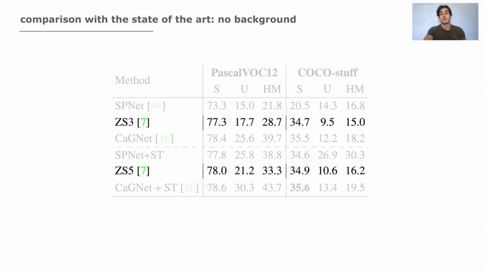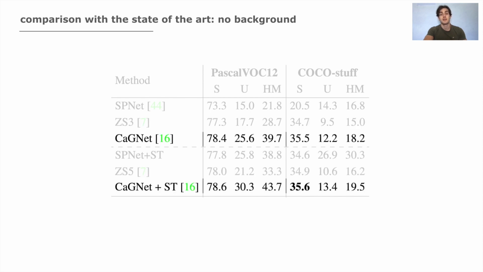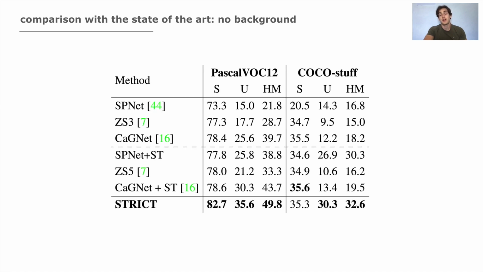This result confirms that considering the co-occurrence of seen and unseen classes through self-training is always very beneficial. The improvements are larger in non-generative models like SPNet than in generative ones like CaGNet or ZS5. A second clear outcome is that our strategy outperforms every published result by a good margin.